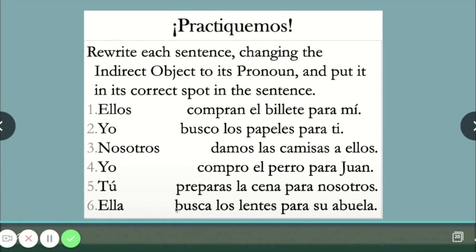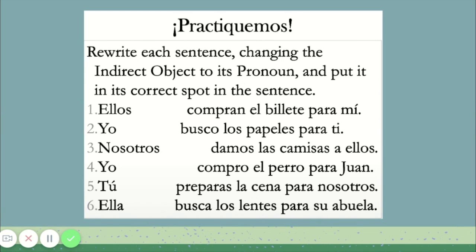Last one. Ella busca los lentes para su abuela. So, para su abuela. She looks for the glasses for her grandma. We need a direct object pronoun to replace su abuela.